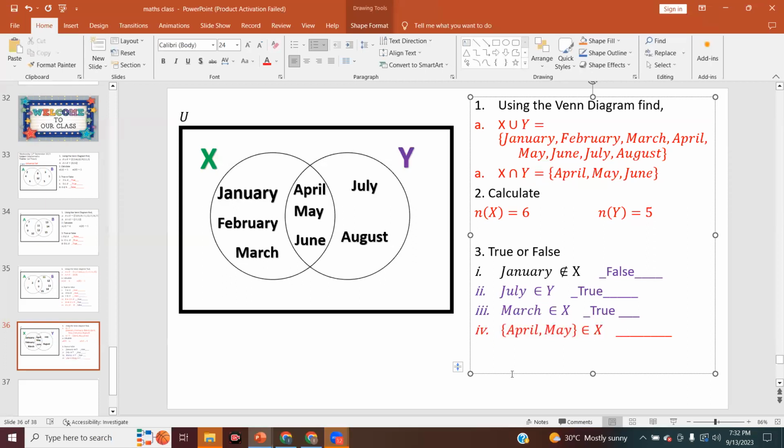True or false? Olivia, you put true? What did it say? You can't see it? April and May is an element of X. That's what it says.